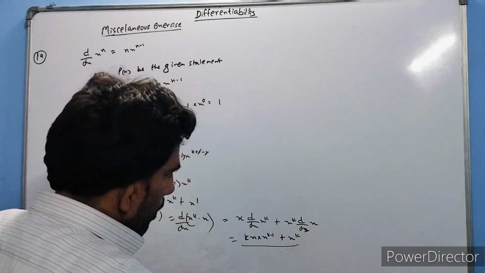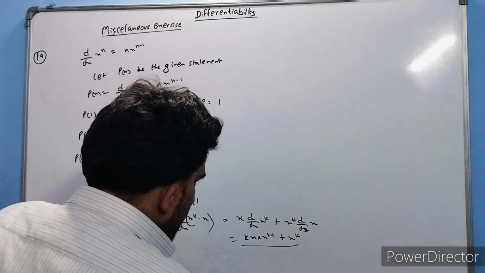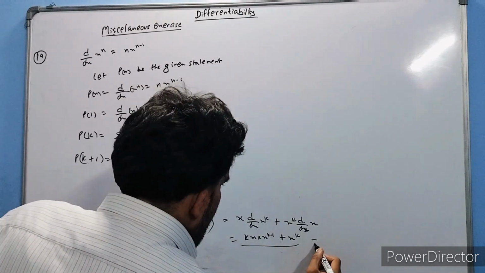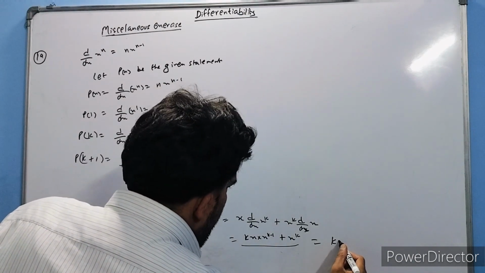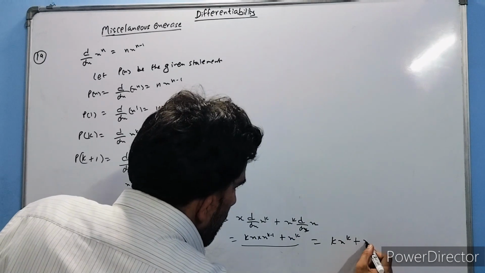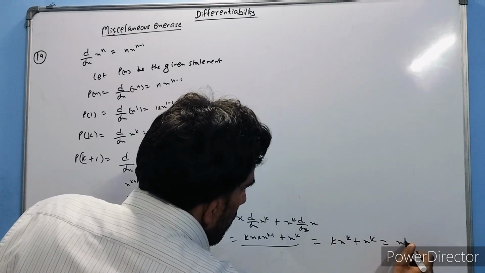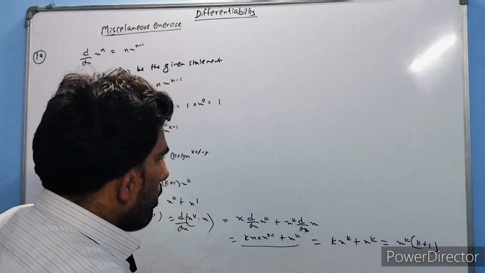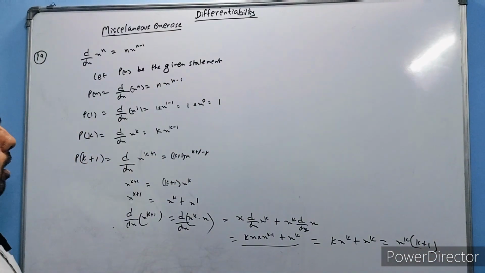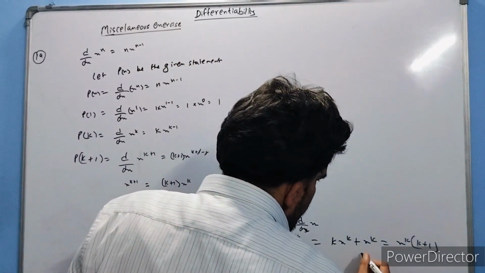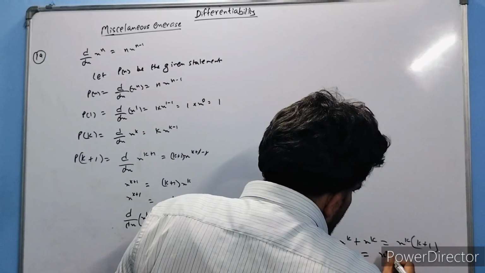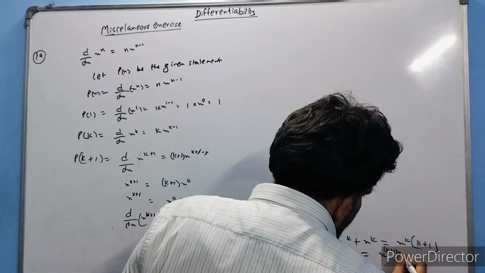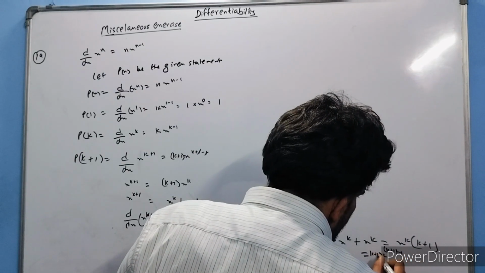Now if I multiply this, I get k into x^k plus x^k, which will be (k+1) x^k. Okay, so finally I found the value of this. Now I can write this as (k+1) x^((k+1)-1).